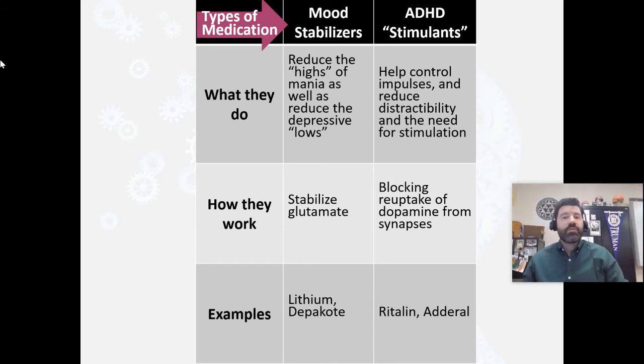It's believed that part of what causes these swings is an imbalance in the neurotransmitter glutamate. If we have too much glutamate, it can lead to mania. If we don't have enough glutamate, it can lead to depression. And so we have these mood stabilizers, such as lithium, that can shrink that spectrum down so that the swings in emotion are not as drastic as we tend to see with bipolar disorder.